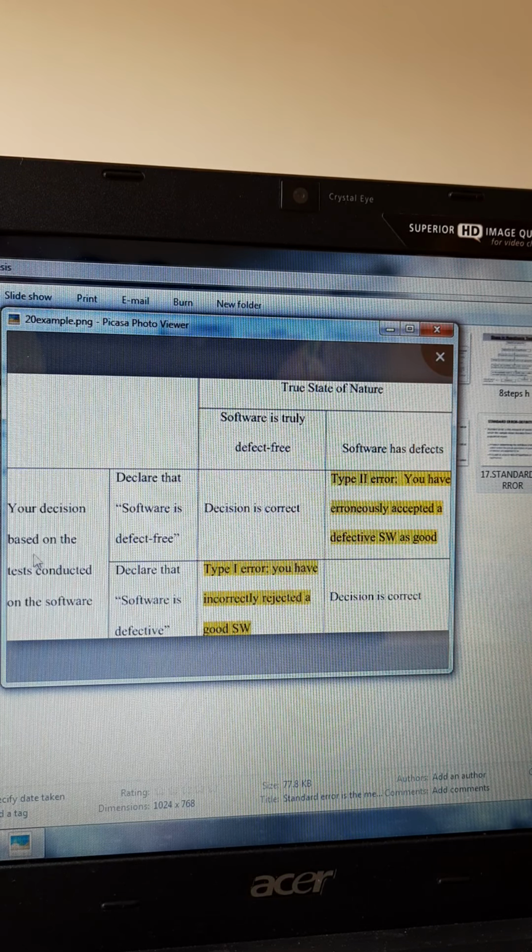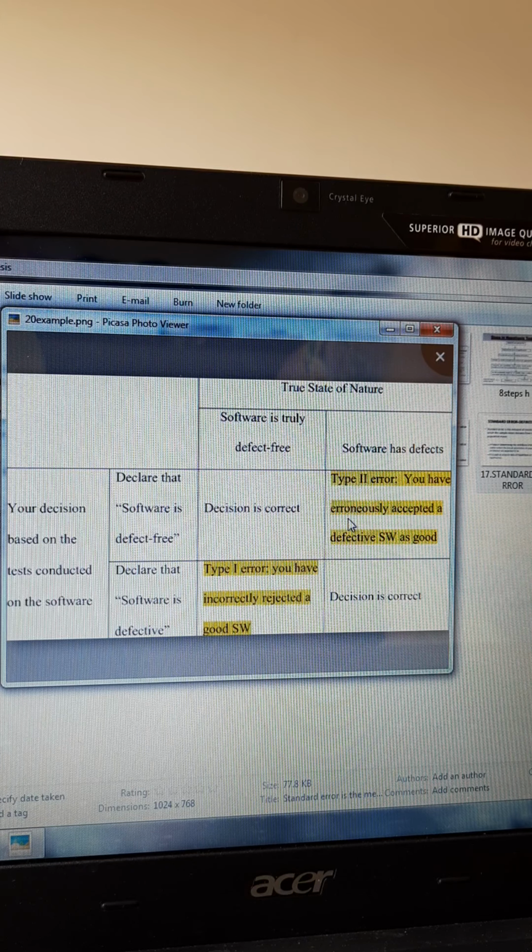Your decision is based on the test. You have a software. Software is defect free. There is no virus. The decision is correct, there is no virus. But what happens?